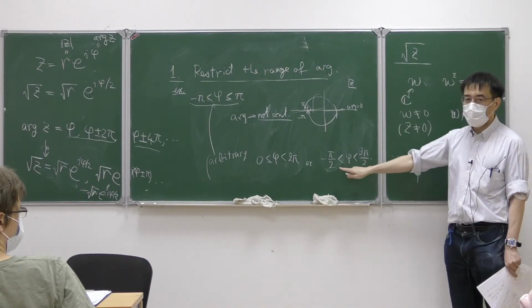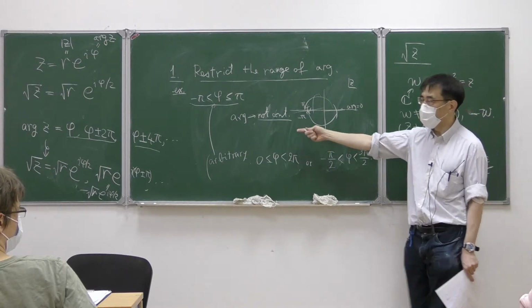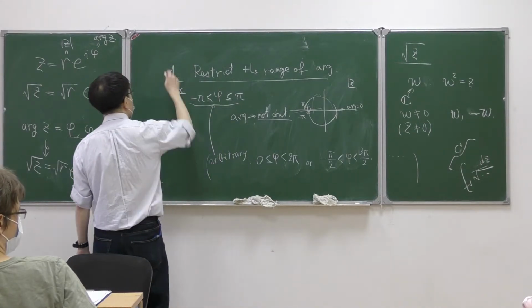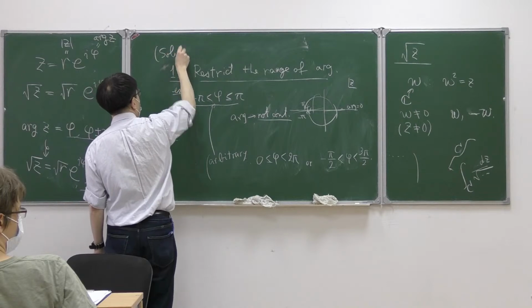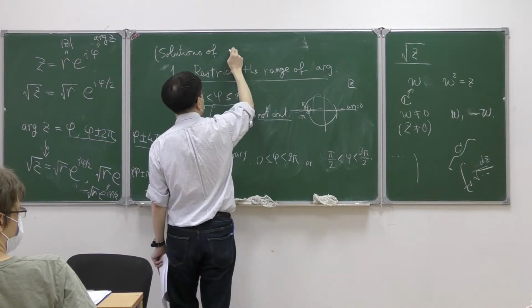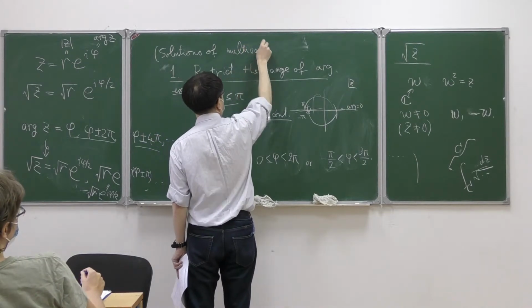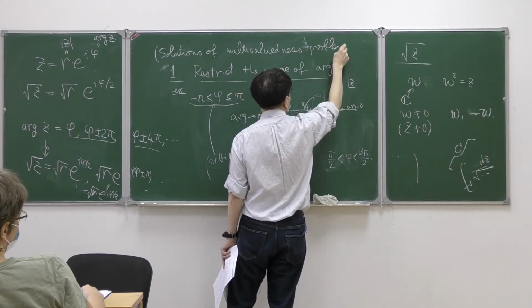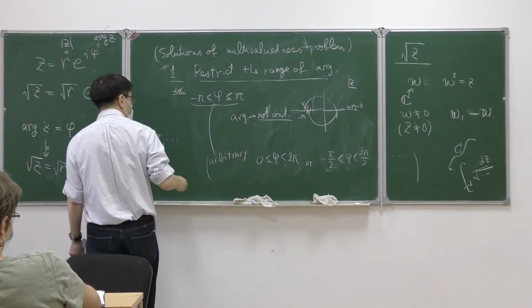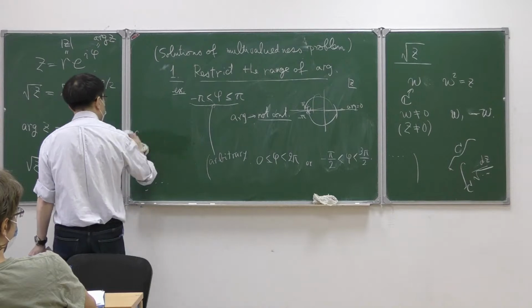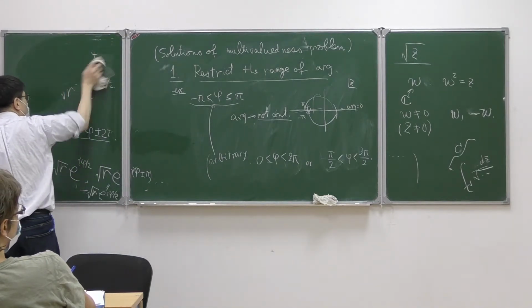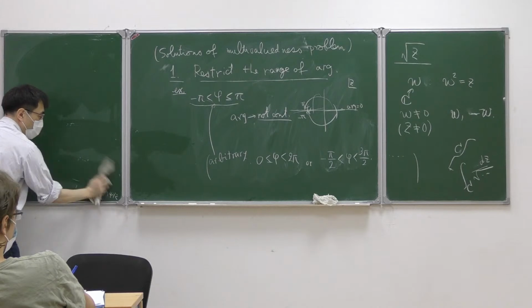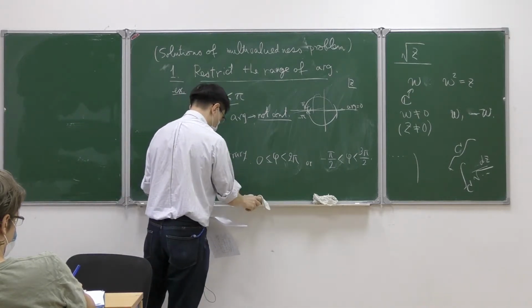So in such a case, fixing the range of argument is not very convenient. So instead, we use Riemann's idea.